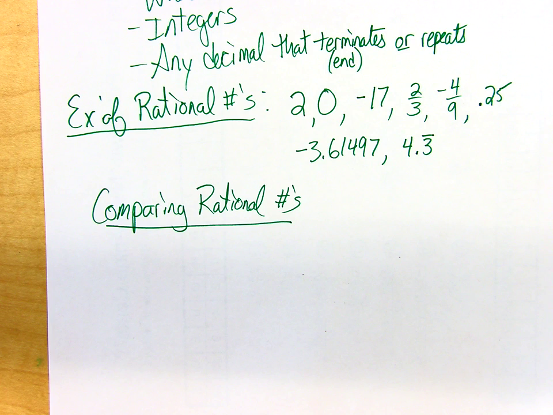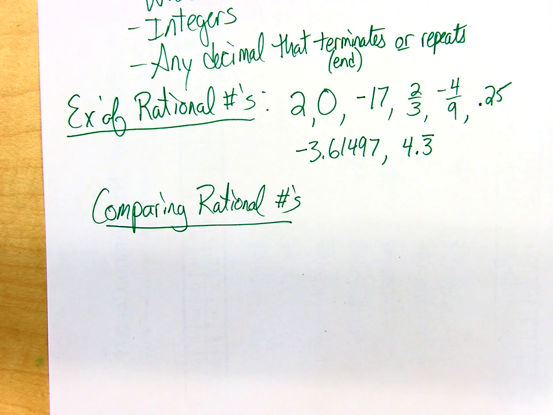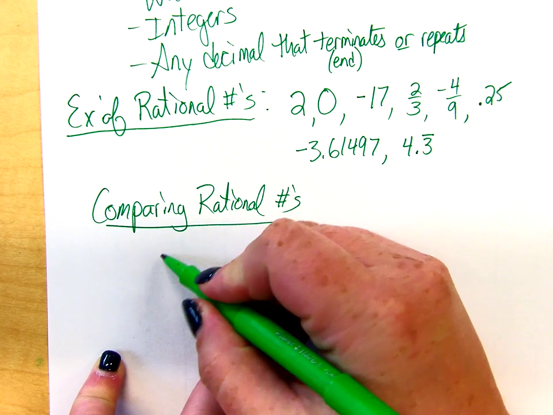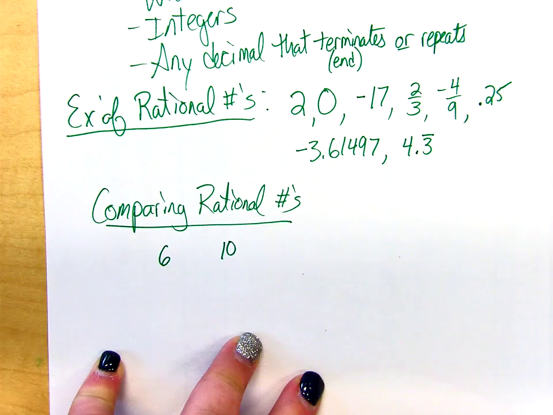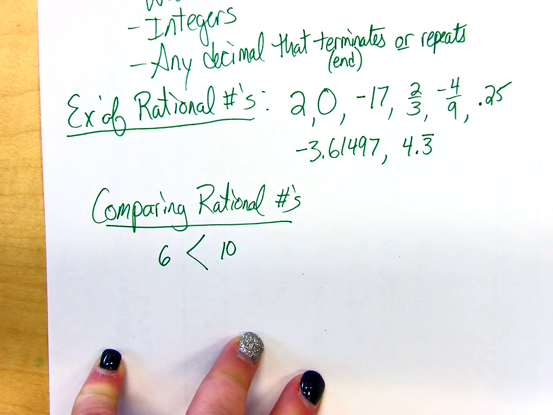When I say comparing rational numbers, that's telling me which one's bigger than the other, which one's greater. Well, sometimes it's really easy, right? Let's do an easy one. Say I want you to compare, I don't know, 6 and 10. Clearly, which one's bigger? 10. 10's bigger than 6.